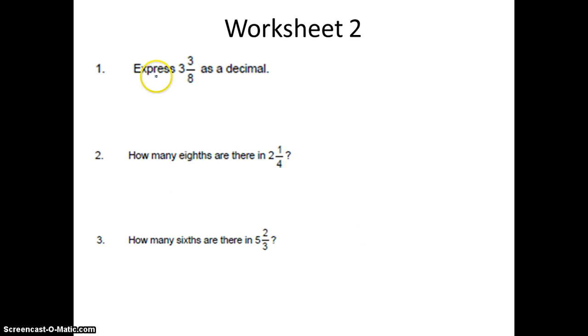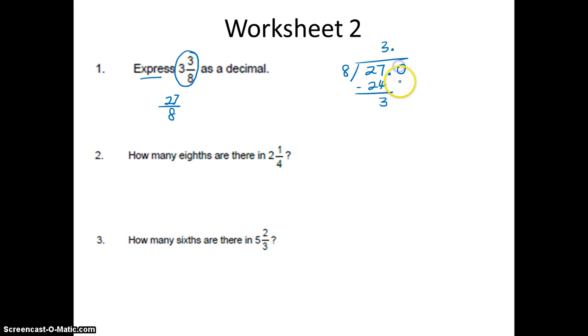Worksheet 2. Similarly, express 3 and 3/8 as a decimal. I need to convert this to an improper fraction. So 3 whole will be 24/8 plus 3/8. The answer is 27/8. Then I use my long division. 27 divided by 8. 3 times 8 is 24.